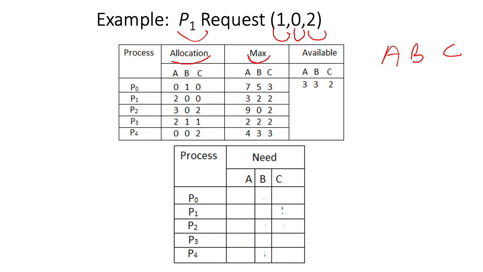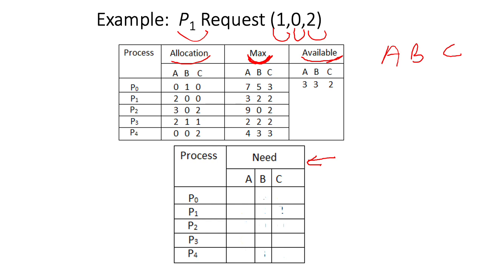This is the maximum allocation that each process may request, and this is the number of currently available resources of each type that we have in the system. So we'll explain the banker's algorithm with an example, and then you can take a look at the algorithm pseudocode in the notes provided.